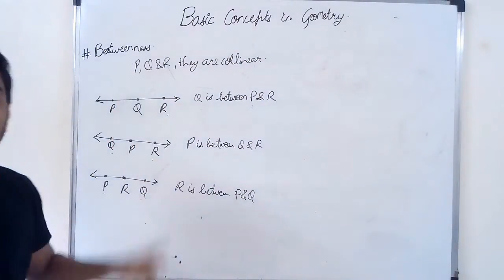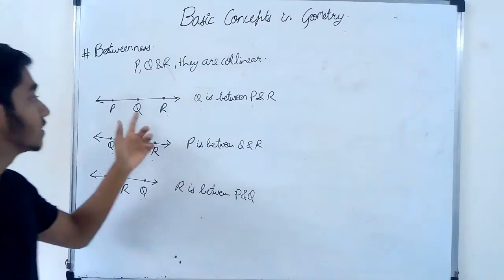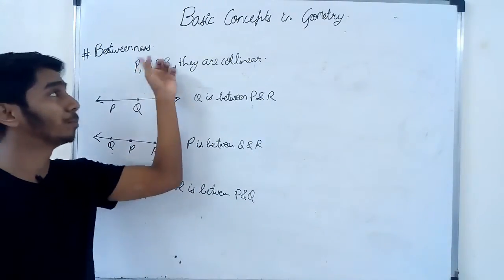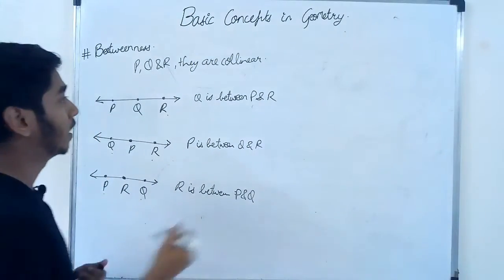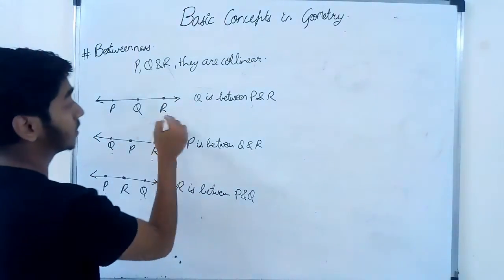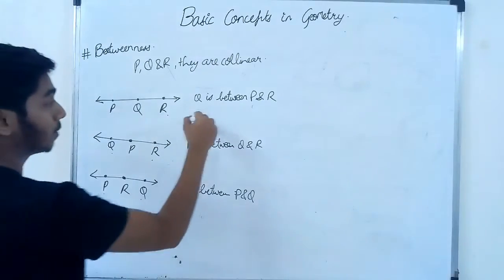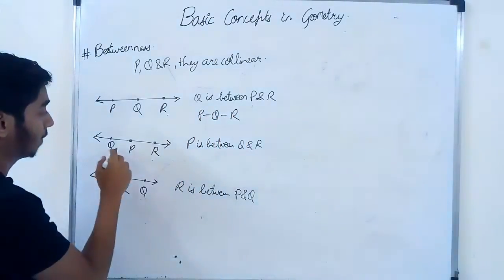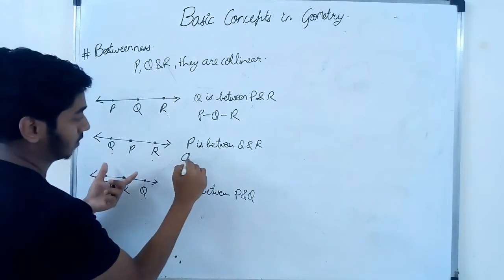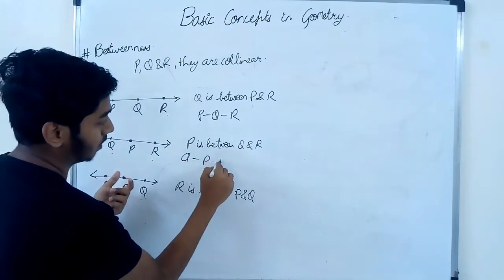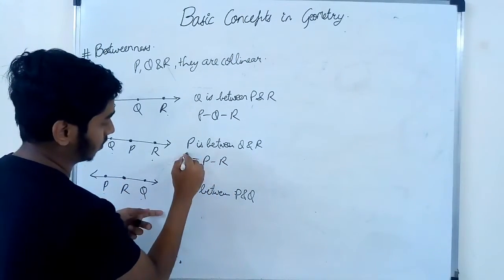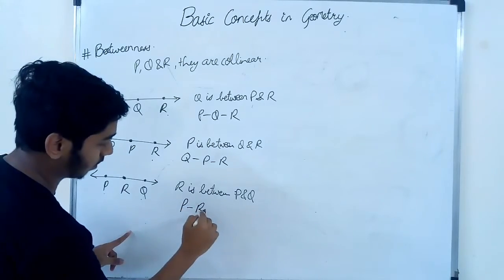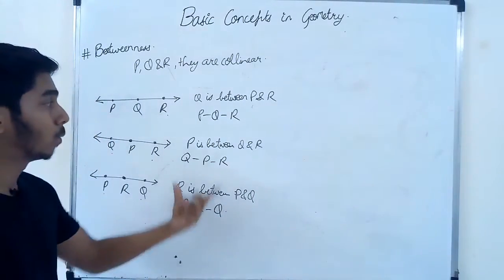Now what is betweenness? As the word suggests, any point which is in between the other 2 points, that is called betweenness. Now this betweenness can be written like P, Q and R. This can be written as Q, P, R. This can be written as P, R and Q. Now why are we writing this?